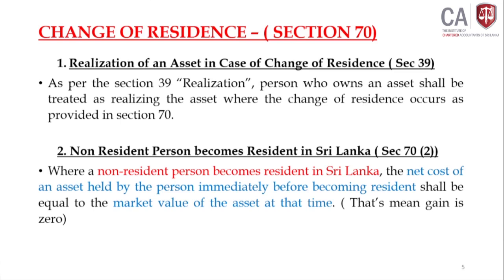Under section 39, there are 6 situations where realization can happen. Of those 6 situations, the last, section 39 subparagraph F, covers realization under the change of residence.